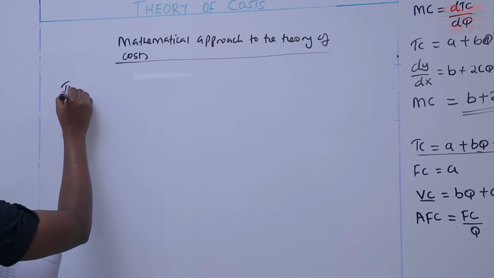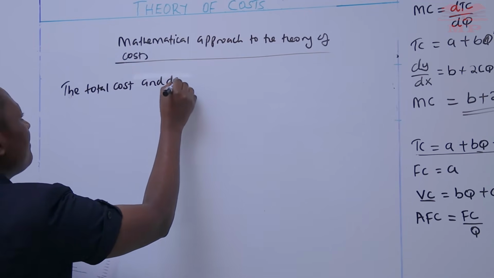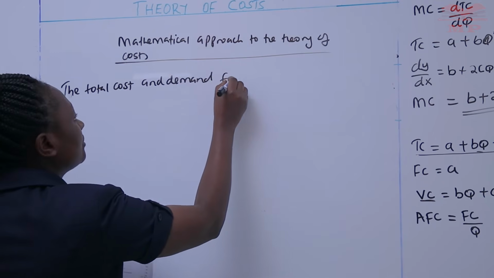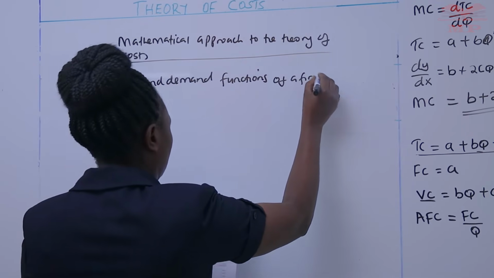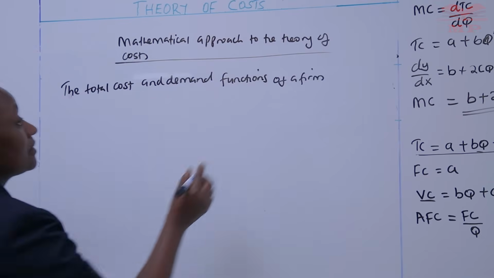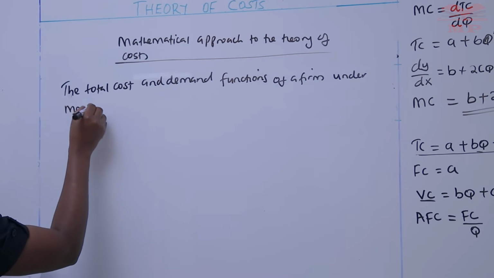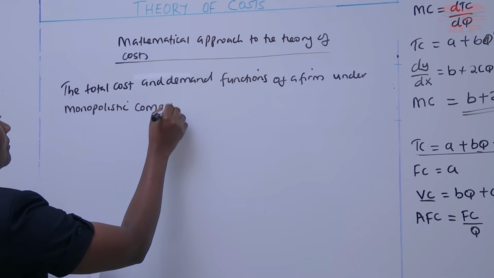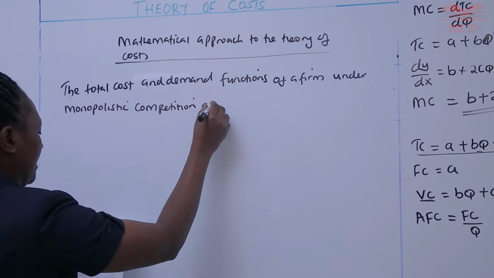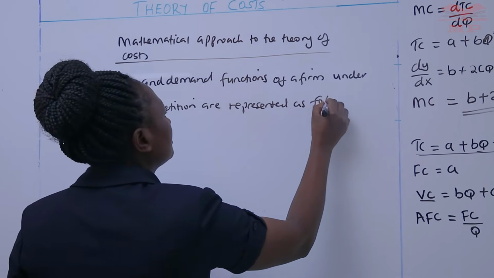You are told that the total cost and demand functions of a firm under monopolistic competition are represented as follows.